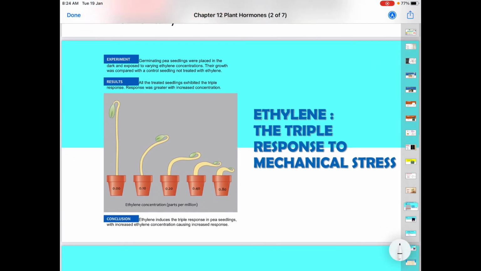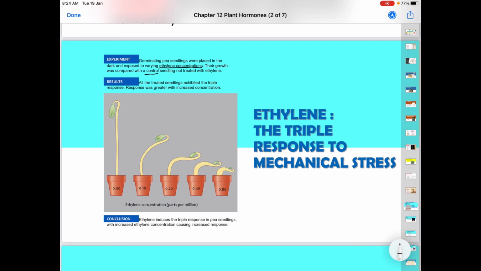So this is one experiment that has been conducted to test the triple response towards mechanical stress. In the experiment, germinating pea seedlings were placed in the dark and exposed to varying ethylene concentrations. So they used variation in the concentration of ethylene. Their growth was compared with a control seedling not treated with ethylene.